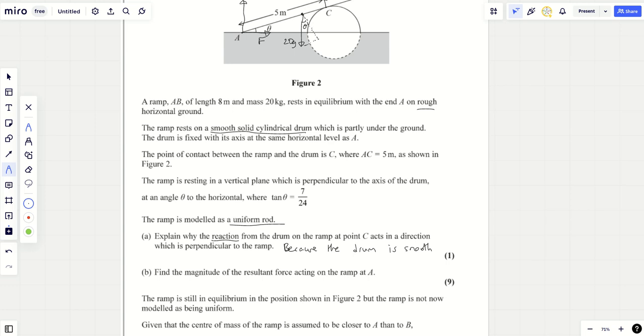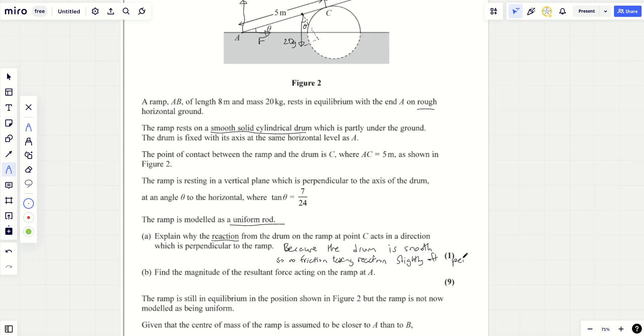I've got the answers up on another screen. Drum smooth or no friction, therefore reaction is perpendicular. Yeah, it's because the drum is smooth, so no friction, taking it slightly off the perpendicular. Taking reaction, because reaction is defined as a combination of both forces, slightly off the perpendicular.